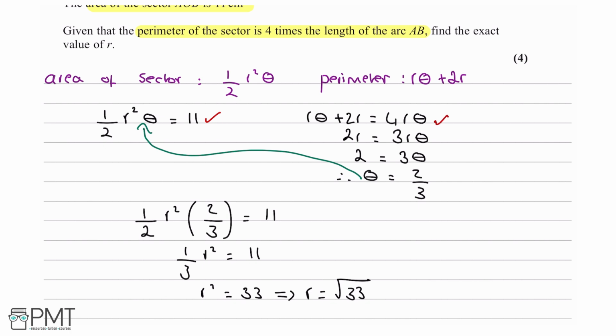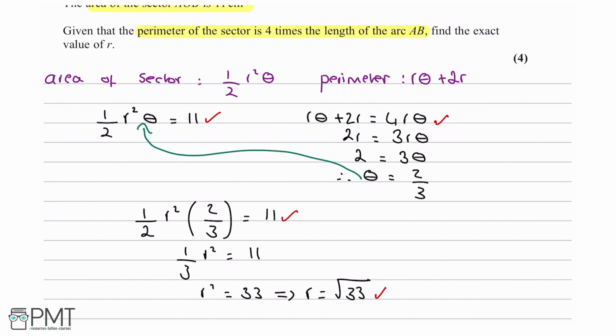Your third mark comes from being aware that you need to solve theta equals 2 over 3, and that you attempted to substitute it back into your expression for half r squared theta equals 11. So this line over here is enough evidence to get you your third mark. Your fourth mark comes from correctly solving for r and getting r equals root 33.